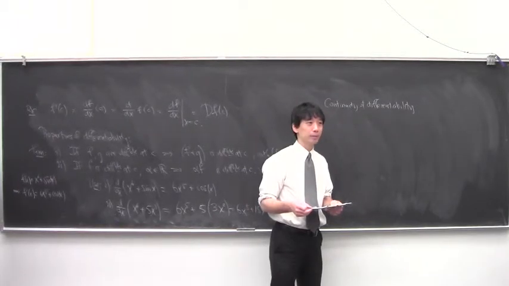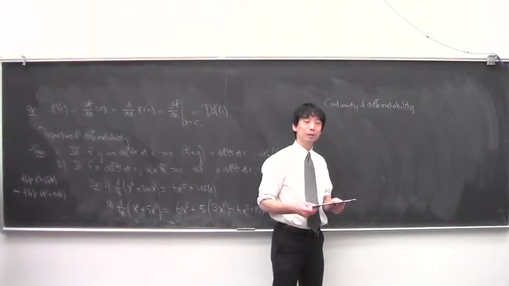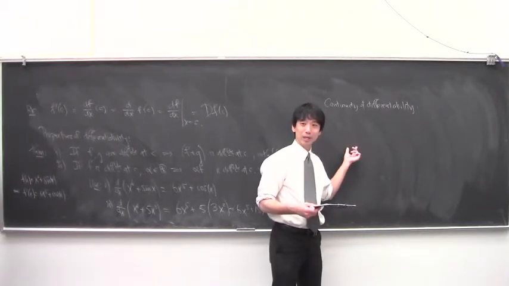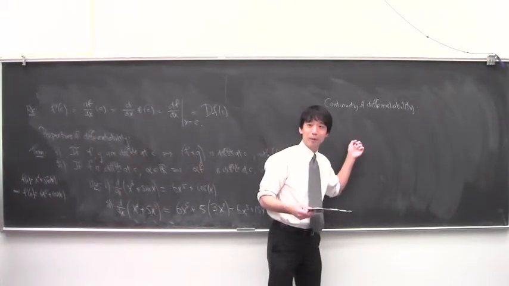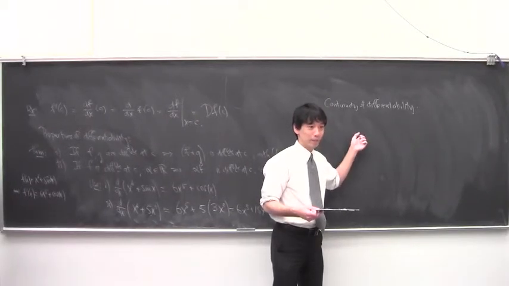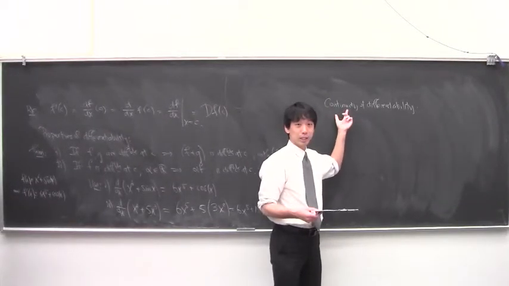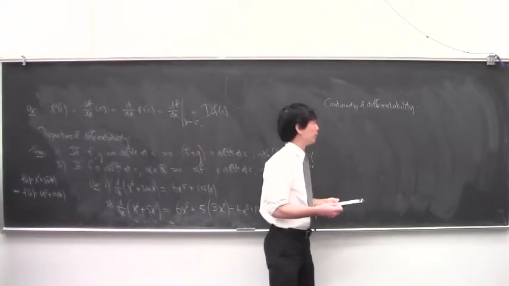Yes. Why? If there's a jump, there won't be a limit of the function at that point. But what about the slopes of the secant lines? But you're right. If the function is not continuous there, it's not going to be differentiable there.